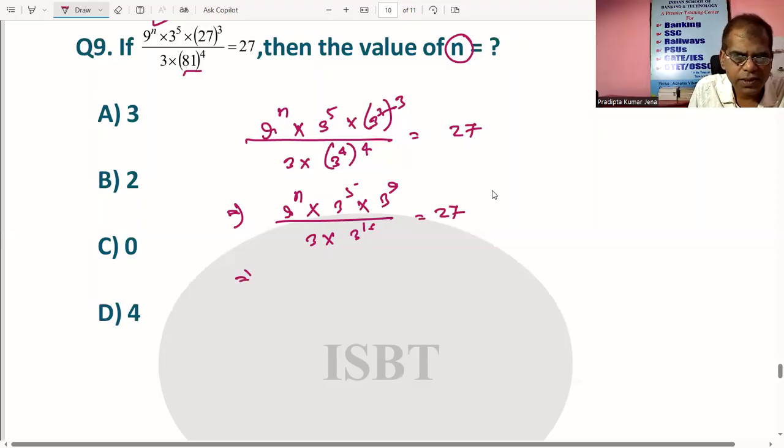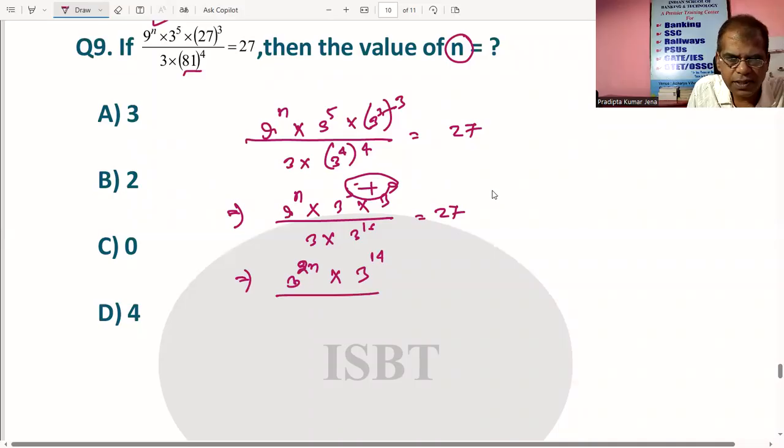Now 9 we can write as 3 to the power 2n, into, powers should be added, 3 to the power 9 plus 5 is 14, and here 3 to the power 1 times 3 to the power 16 gives 3 to the power 16 plus 1, that is 17, is equal to 27, which we can write as 3 to the power 3.